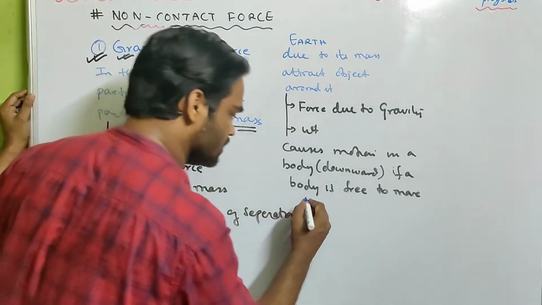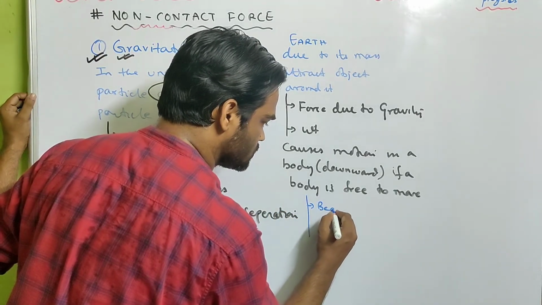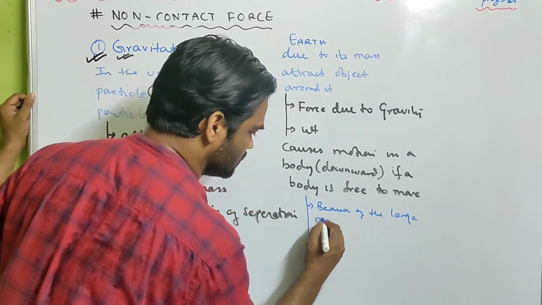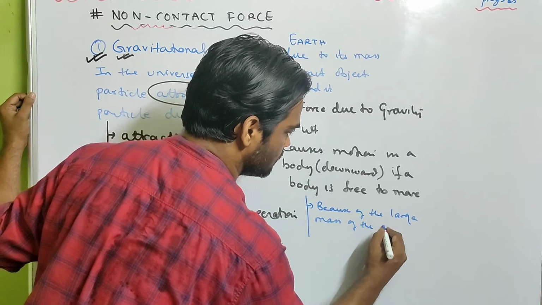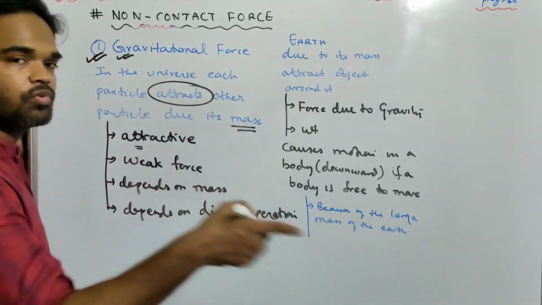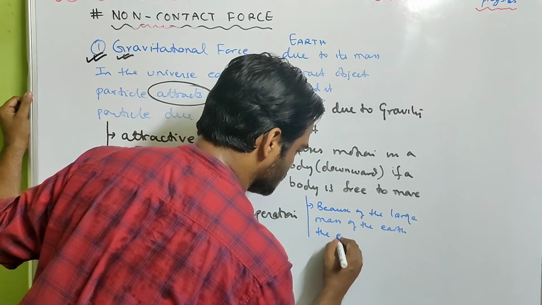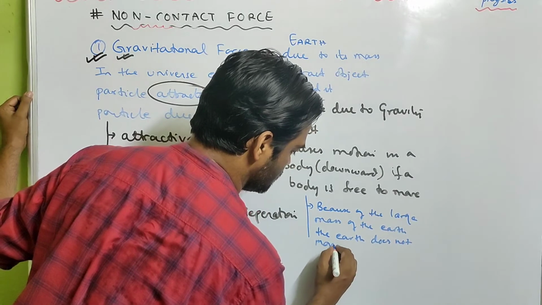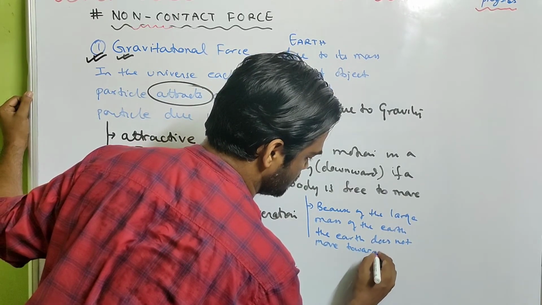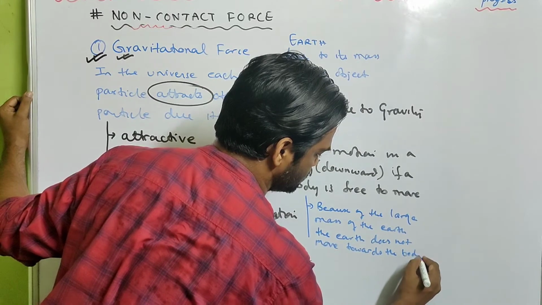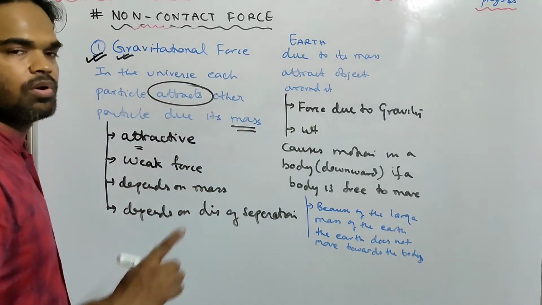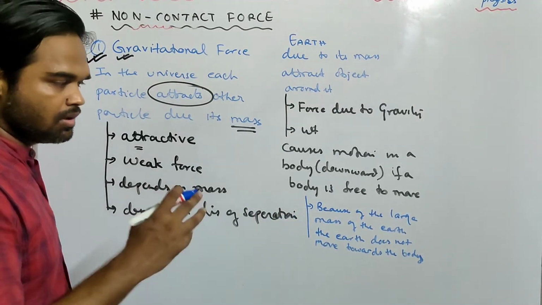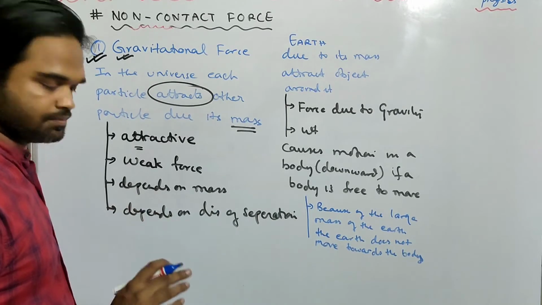Because of the large mass of the earth, the earth does not move towards the body. Both are attracting each other by equal force, but due to the mass of the earth, which is too much, there's no motion in the earth.